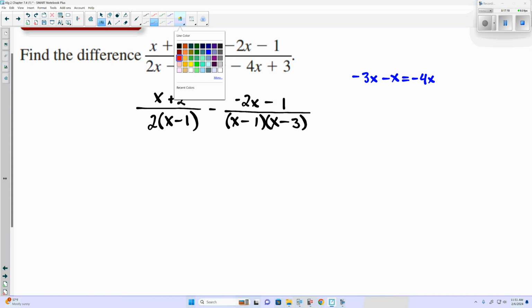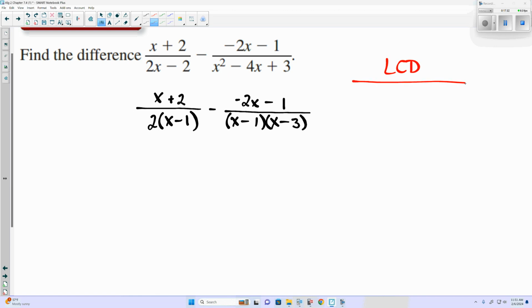Questions on any of this here? Okay. No questions. Now, we need these denominators to be the same, because if they're not the same, we cannot add or subtract. The only way we can add or subtract fractions is if the denominators are the same.